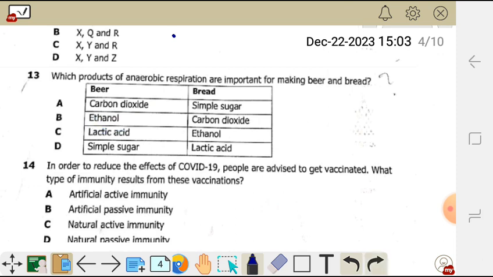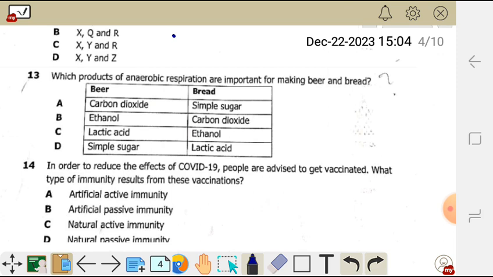That is anaerobic. We also use yeast in bread to produce carbon dioxide so that the dough rises. What causes the dough to rise is the carbon dioxide, which is produced anaerobically during that process. So it is ethanol and carbon dioxide. The answer there is B.